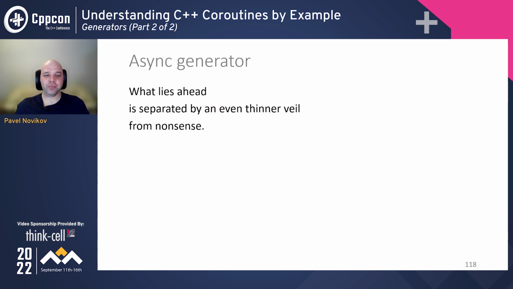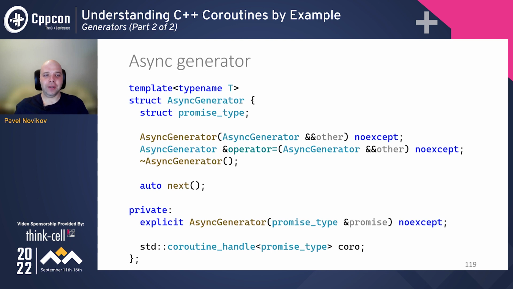And what lies ahead is separated by an even thinner veil from nonsense, if this weren't enough. We have 5 minutes. Let's try to go over this implementation really quickly, just to be complete. So here's the overview of the async generator type.